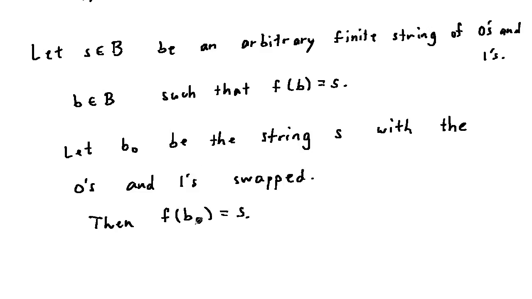And then we take f(b0), so it swaps the zeros and ones again, giving us S. Okay, so we just found a string b0 such that f(b0) is S. And so f is onto. And since f is one-to-one and onto, f is a one-to-one correspondence.